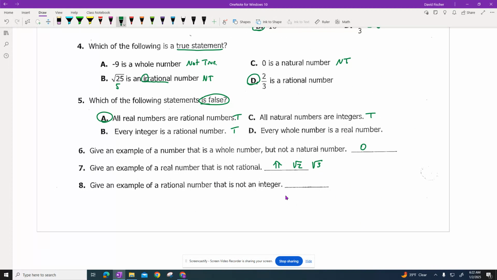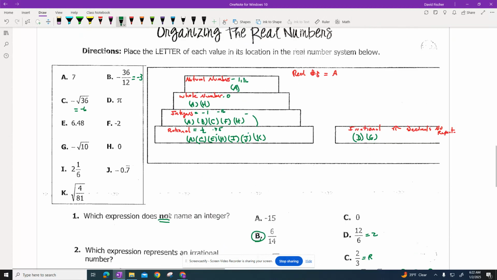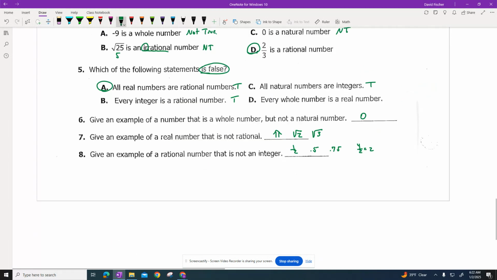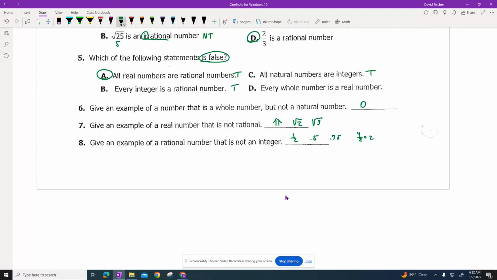So you can say a half, you could say 0.5, you could say 0.75. Now what you can't do is 4 halves. Even though that's a fraction, that really equals 2. And 2 would start way up there at the very top, called natural numbers. So you just can't make any fraction up, because that guy would really equal 2.